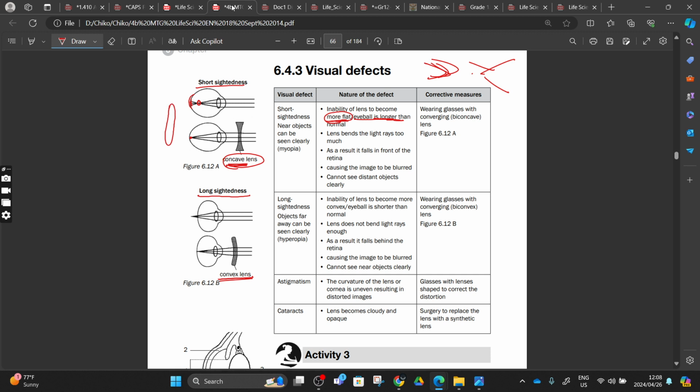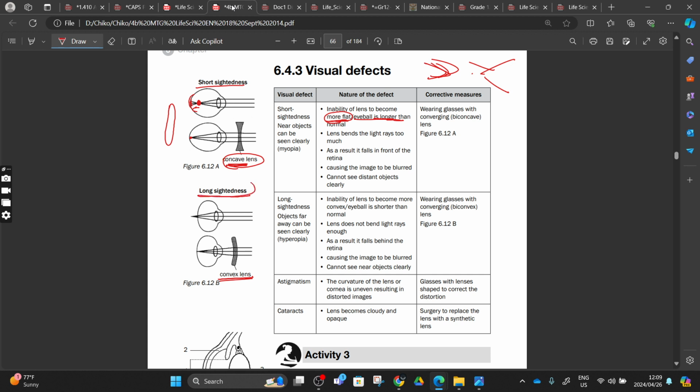Your lens is not becoming more flat because when it is flat, it has to accommodate something that is far, right? So when you are pushing something closer to you, your lens has an inability to become more flat, to stretch so that it will push the image backwards, right? Hence we use a convex lens so that we can help it to push that away.